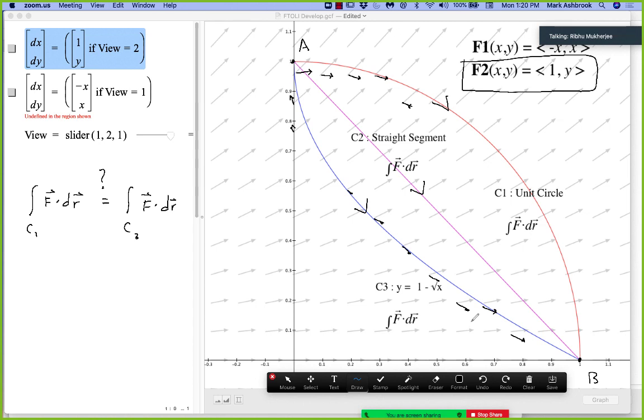Same endpoints, and we're in a gradient field. So that's definitely a conservative vector field. Same start and endpoints means every path from A to B is going to give us the same line integral. So C2 as well. They're all equal.